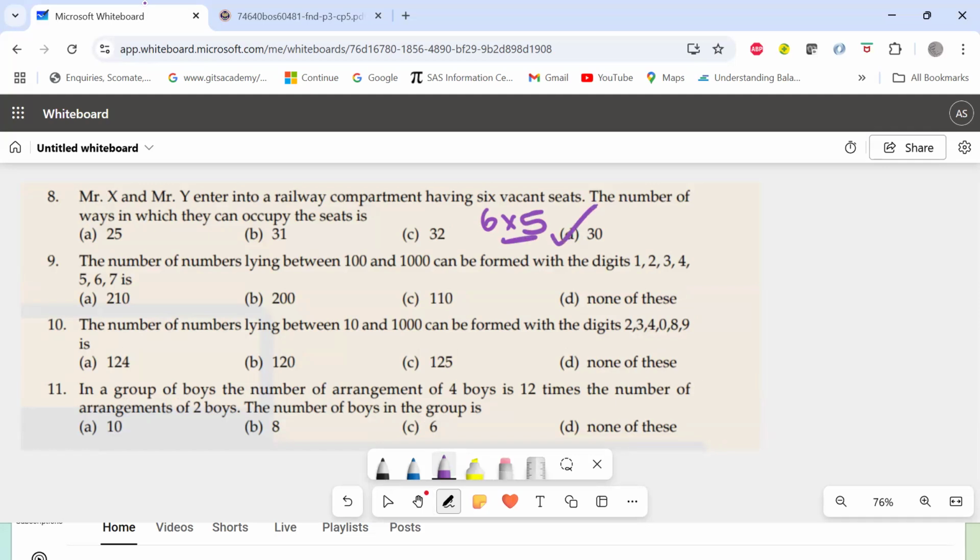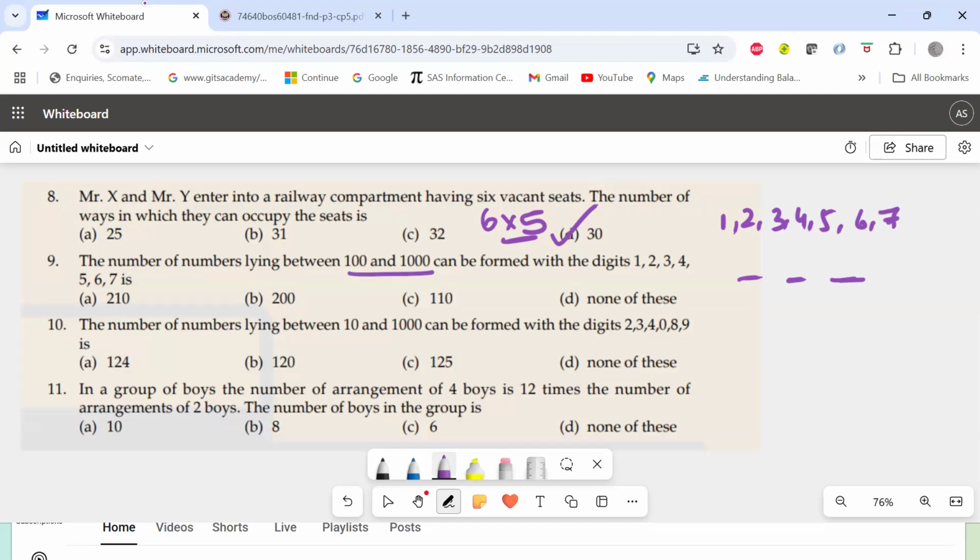Clear everyone? Then we can read the next question. The number lying between 100 and 1000 that can be formed using the digits 1, 2, 3, 4, 5, 6, 7. So you want to make a 3-digit number, between 1 to 1000, no 4-digit number, only 3-digit number.